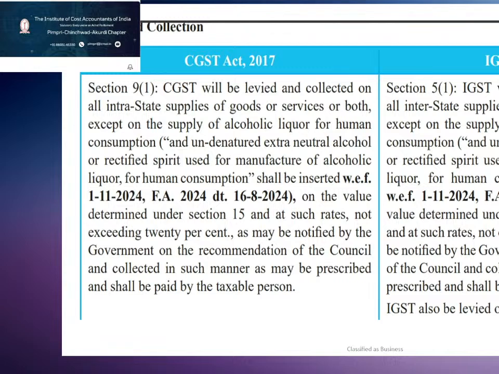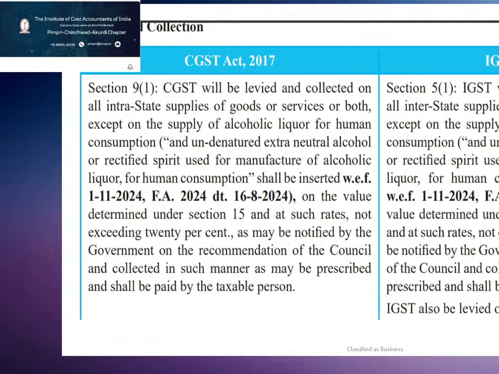So you can see both sides. If I am not registered under the composition scheme, I am going to take that as my input tax credit. So for a normal registration, it is not a cost.